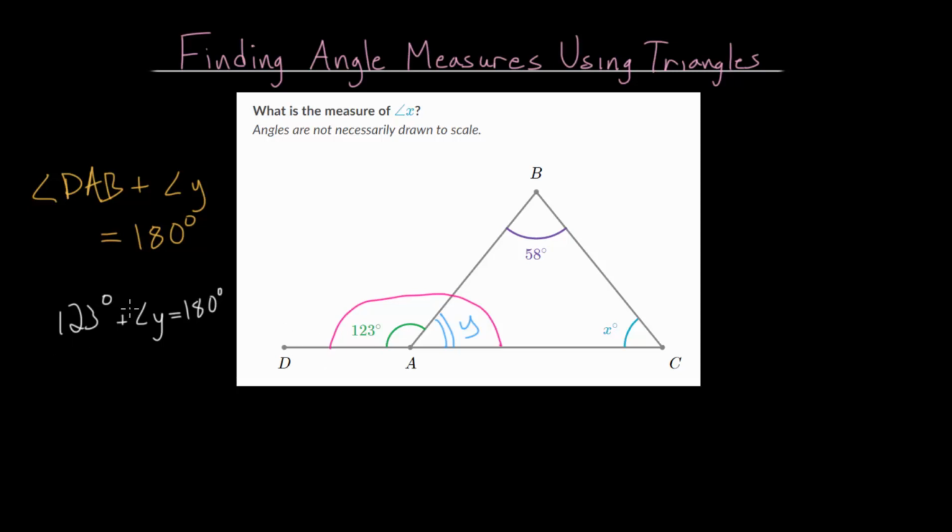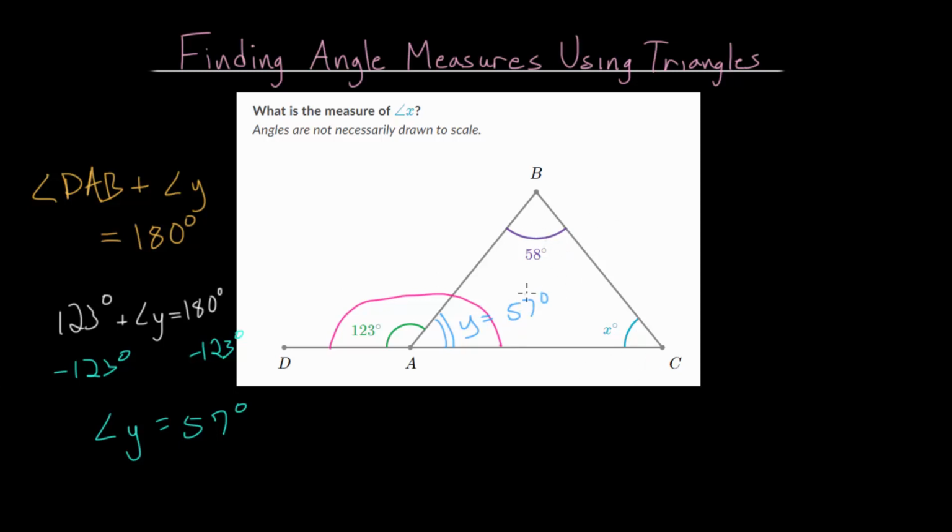Now to solve this, we just subtract 123 on each side of the equation, and if you take away 120 from 180, that is 60. Taking away 3 more would bring us to 57. So we found this angle y, that this right here is just 57 degrees.